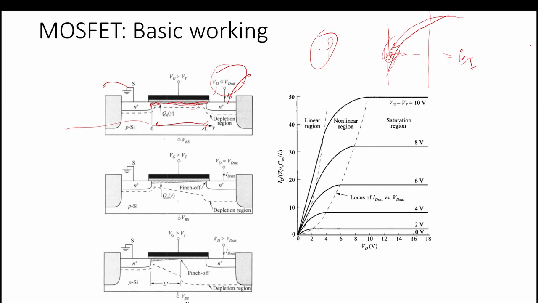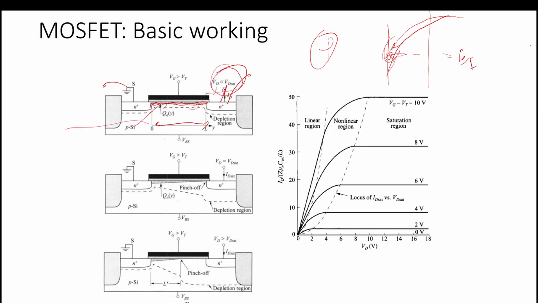When we apply a field, there will be a conduction of the charges, so there will be a flow of current, and that flow of current will be linearly dependent on the drain voltage. So this VD should not go beyond that.